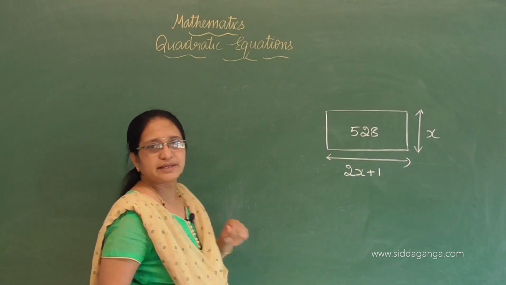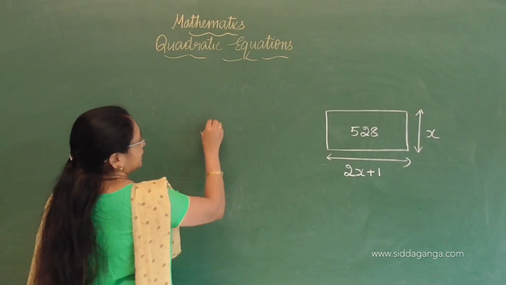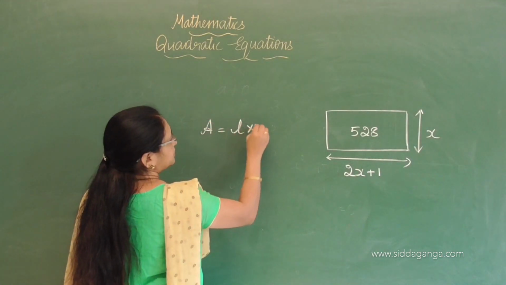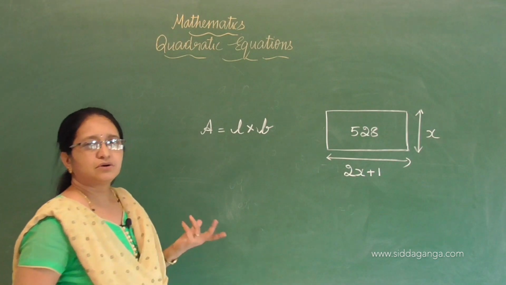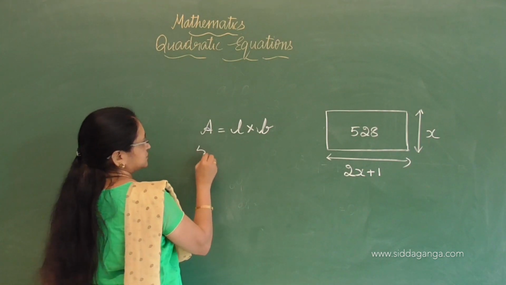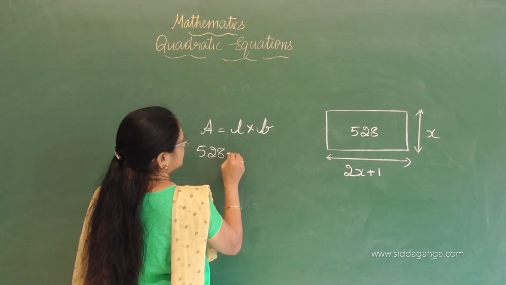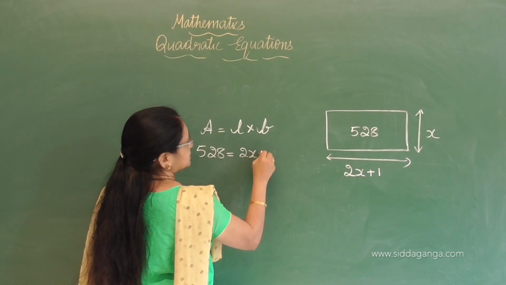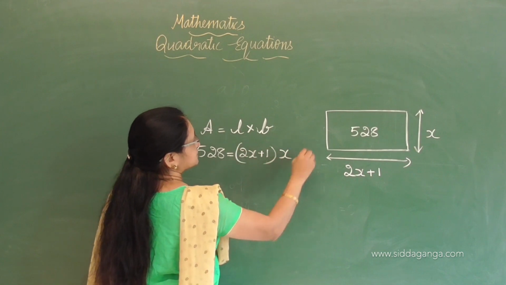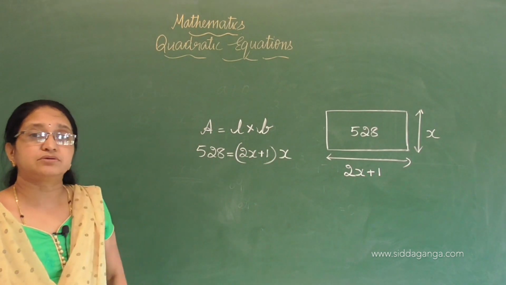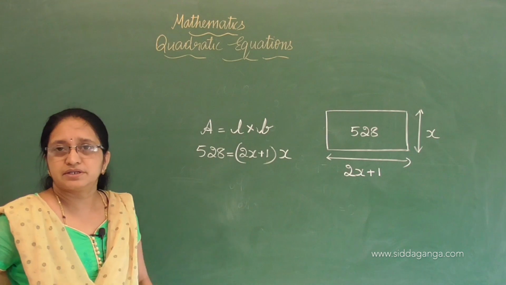Now how to find the area? You all know area is equal to L into B. You know this formula? Now the area is 528, the length is 2x plus 1, into x. This is how you have to represent the quadratic equation.